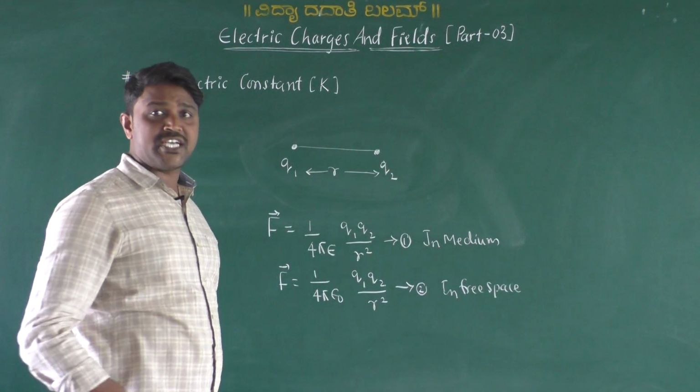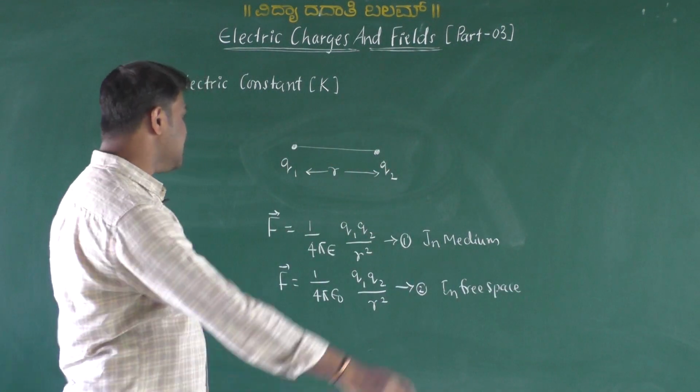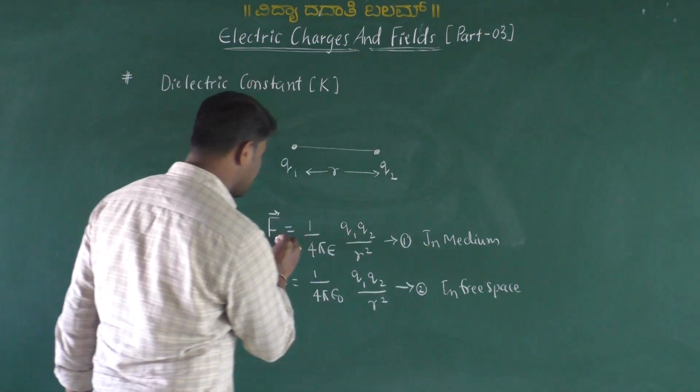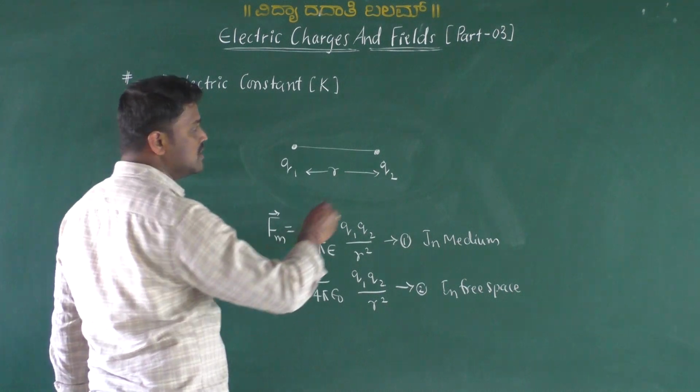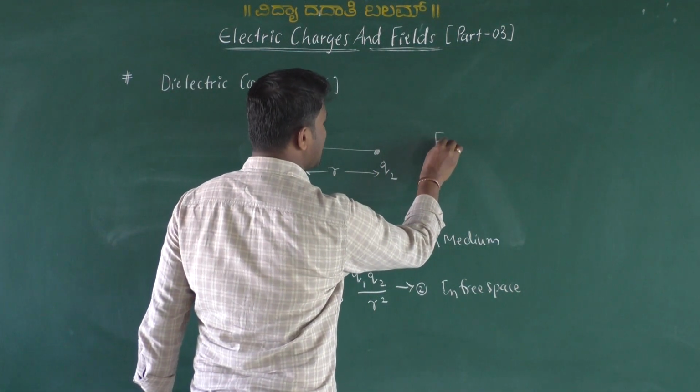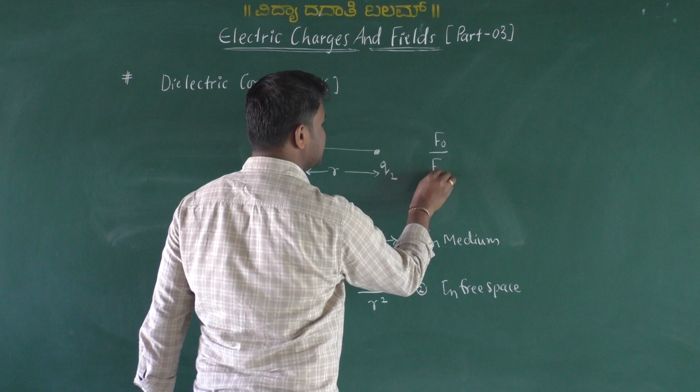If you divide equation 2 by 1, what will happen here? The equation becomes, say Fm for the medium and F naught for free space, F naught divided by Fm.